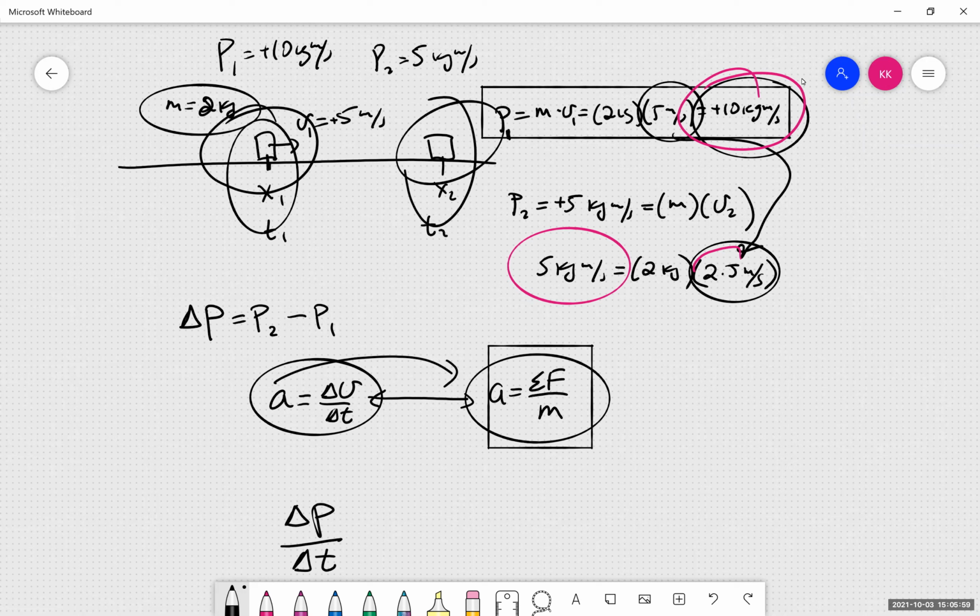It takes time for the momentum to change. Now, Newton says that the reason the momentum changes is because there's some kind of force acting on the object, some kind of non-zero net force. That means there has to be some kind of force acting on the object so it changes its momentum from 10 to 5.